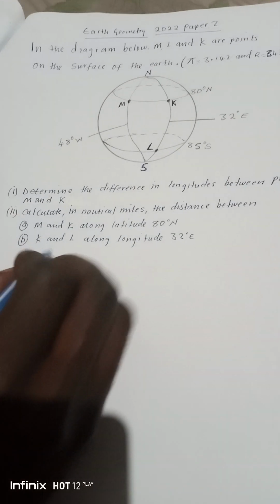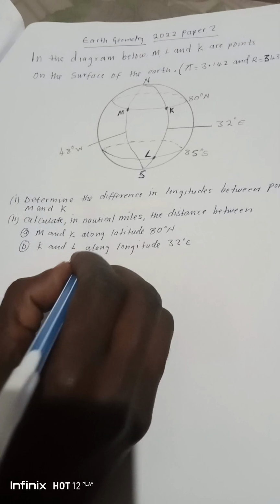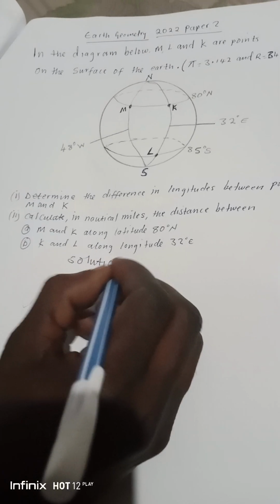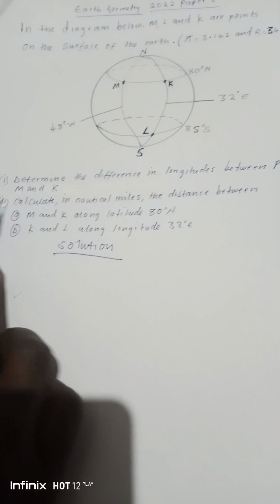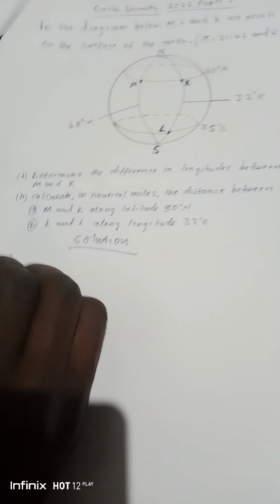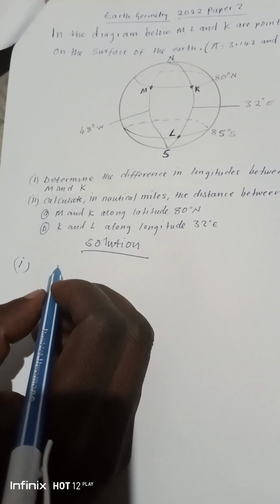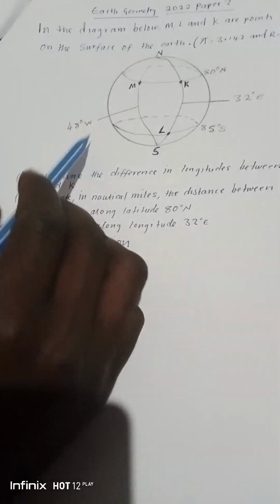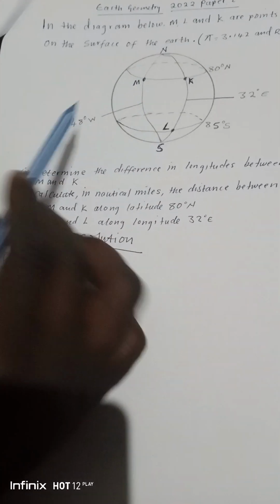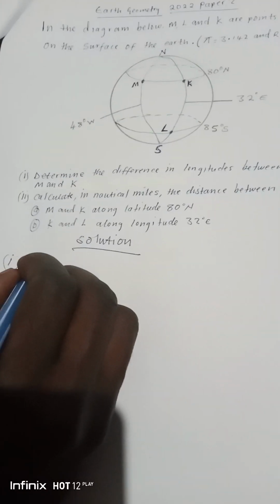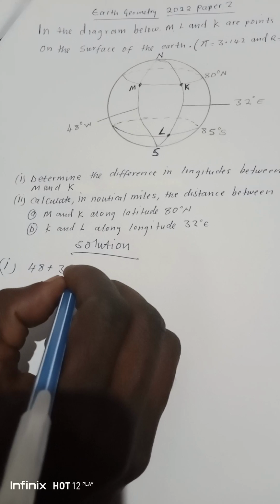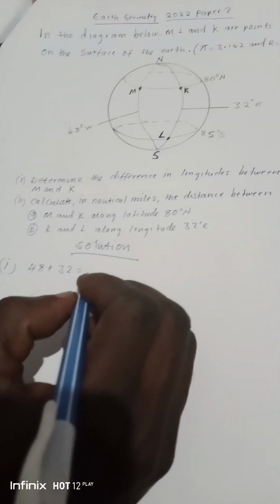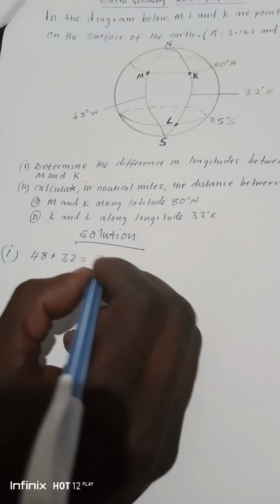So solution, that is bullet 1. The longitude here is 48, so we say 48 plus 32, and the answer that we are going to get is 80.